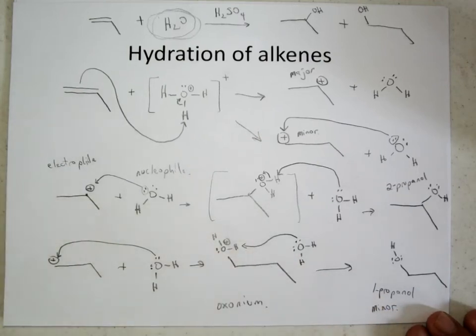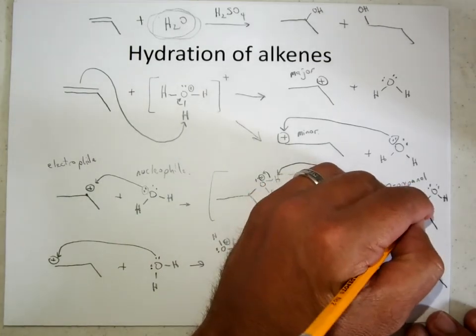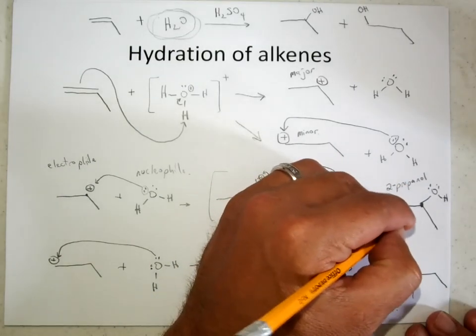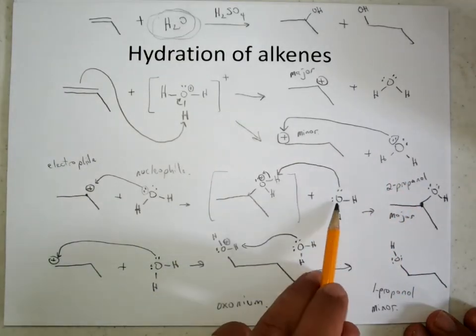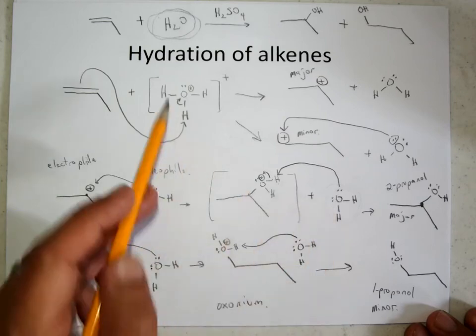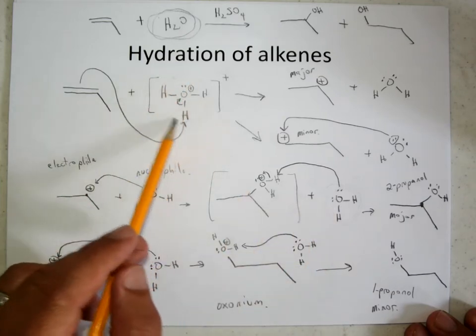The substitution usually goes on the carbon with more carbons on it. And so the 2-propanol is going to be the major isomer. And you'll notice when you add the H plus to the water, you regenerate the catalyst we introduced in the beginning.